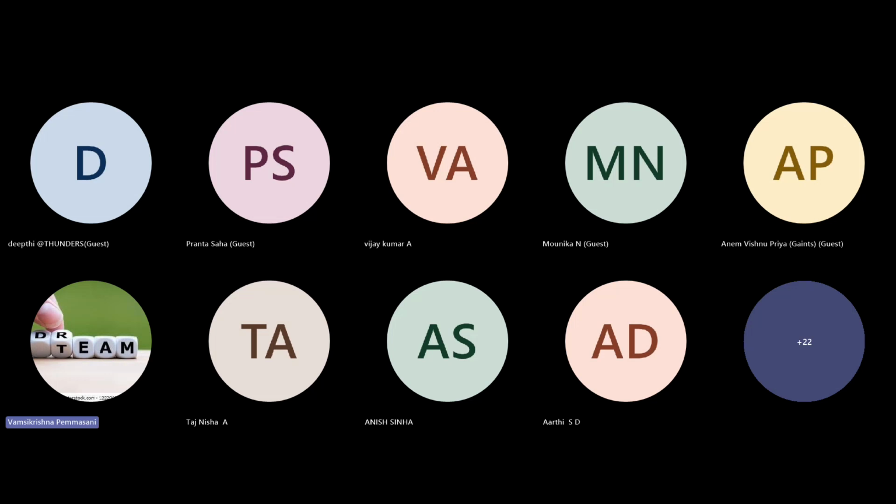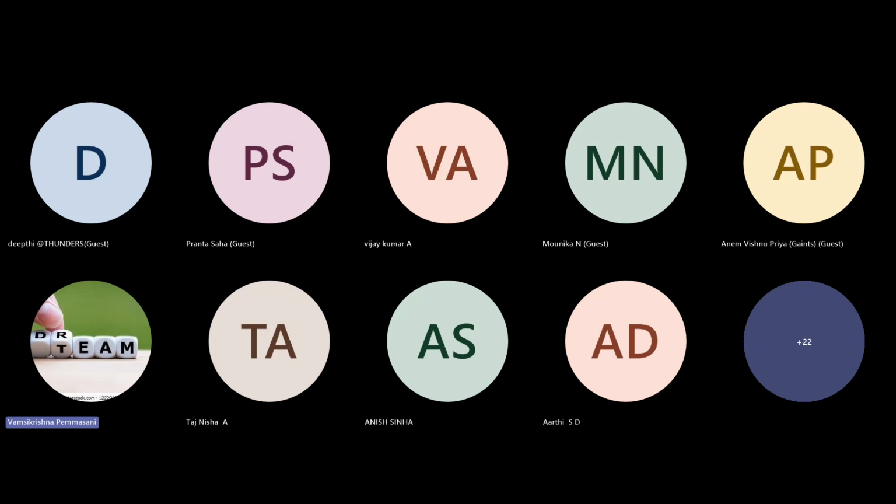Consider that you are going on one trip from place X to place Y, and you are going by car. In the middle of that journey, if your tire blasts, what is that blast? The tire blast is nothing but an unexpected event. That unexpected event is an exception.